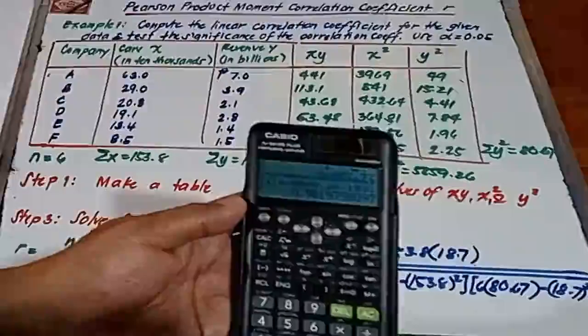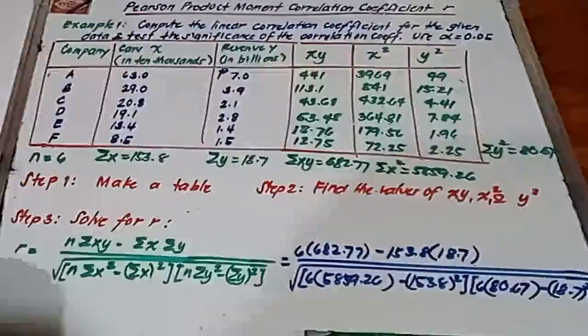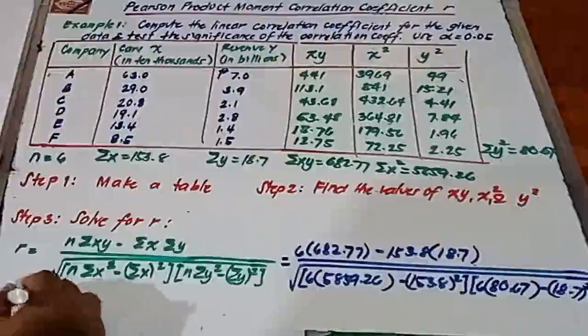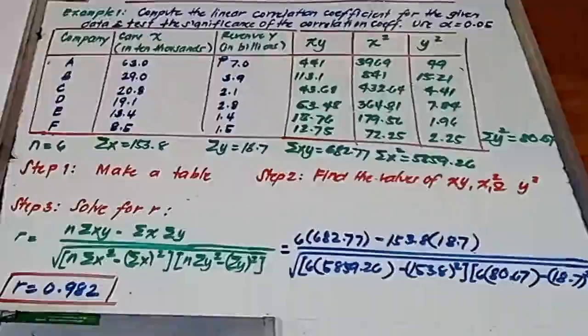We have 0.9819. I-round natin, 0.982. Okay? So, ang value ng r natin is 0.982.